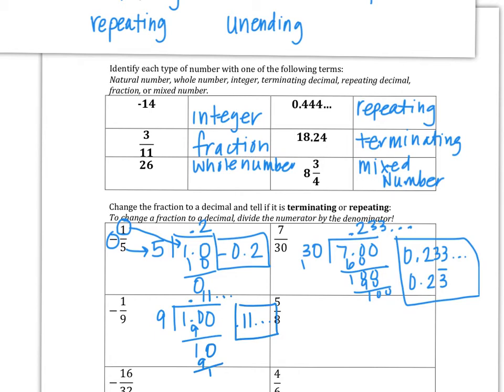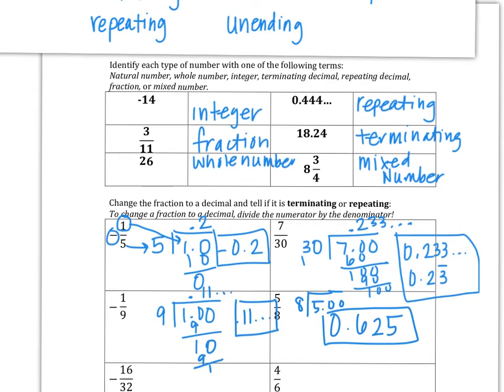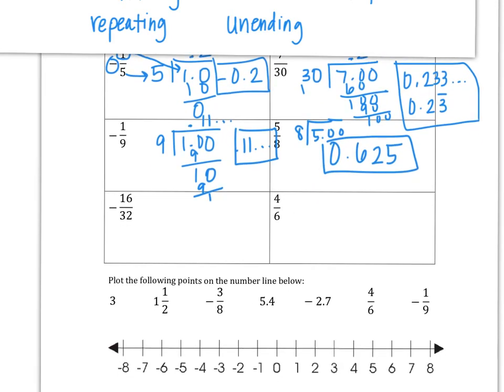5 divided by 8, you divide that out, you're going to get 0.625. Again, it's going to be 8 divided into 5.00. And our next one, -16/32, or 16/32 negative.